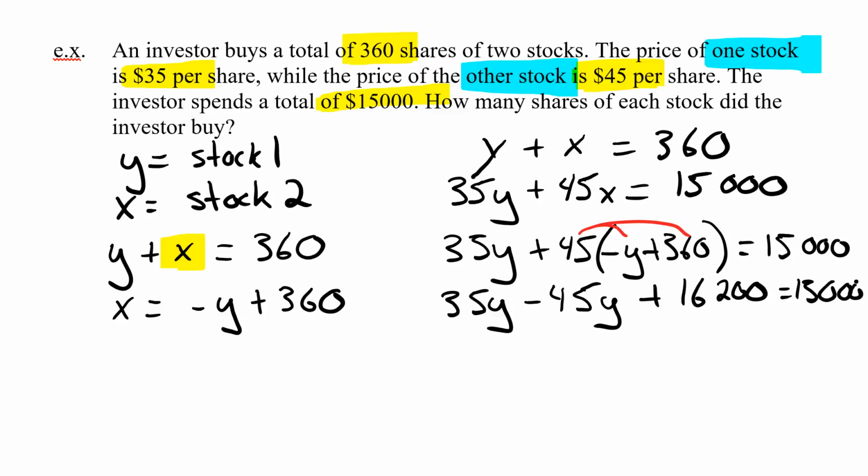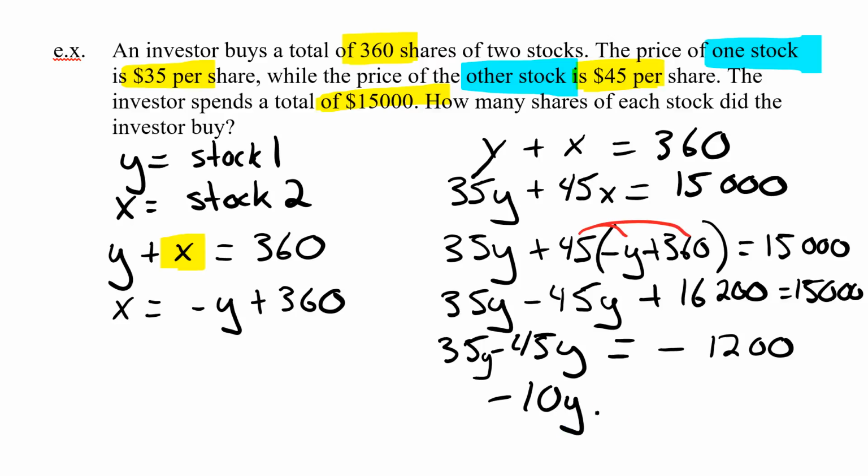Okay, now we're going to bring this 16,200 over to the other side. It's going to be subtracted. So I get 35y minus 45y equals 15,000 subtract 16,200 is negative 1,200. I'm going to combine my y's. 35 minus 45 is negative 10y equals negative 1,200.